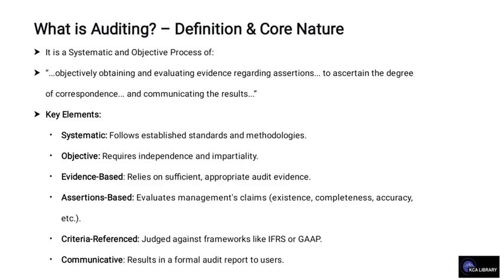The key elements from these definitions that we have to look at are systematic, objective, evidence-based, assertion-based, criteria referenced, and communicative. Looking at it from the systematic aspect, it follows established standards and methodologies.